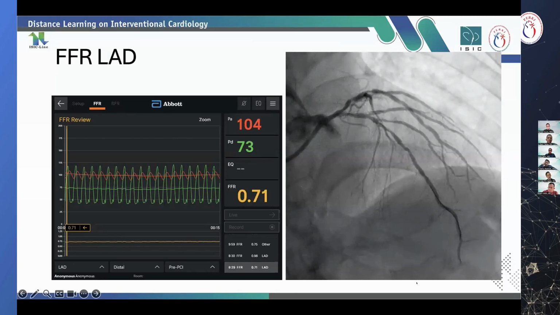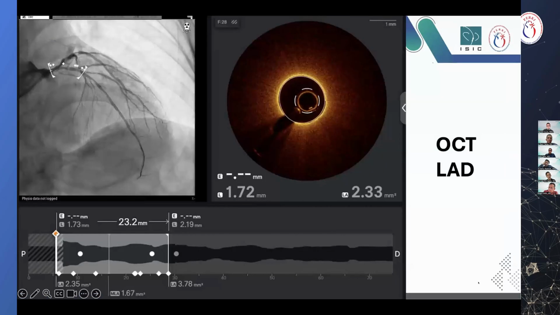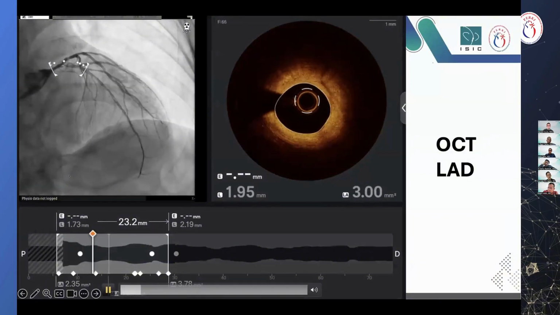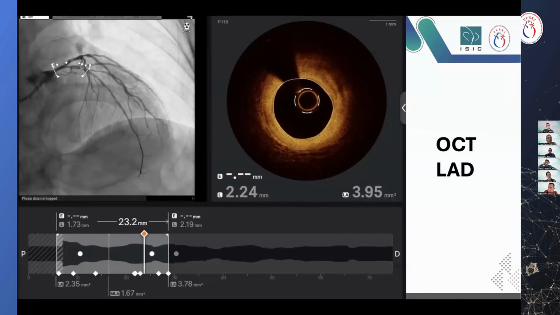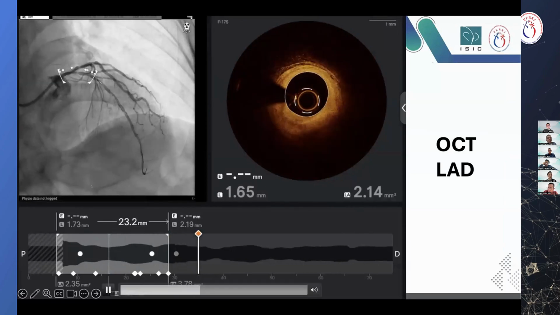Even after OMT, I will recommend the patient PCI or CABG because of the diffuse disease, and it's also very difficult to identify the significant region, I think.